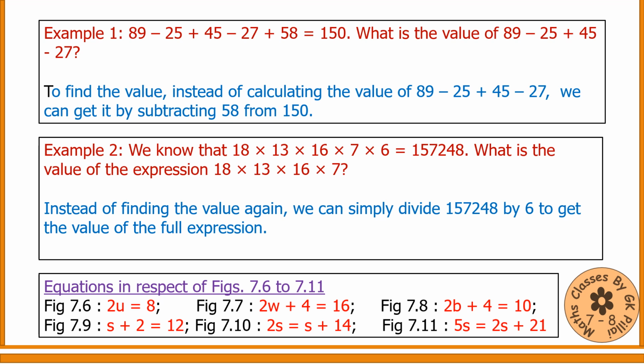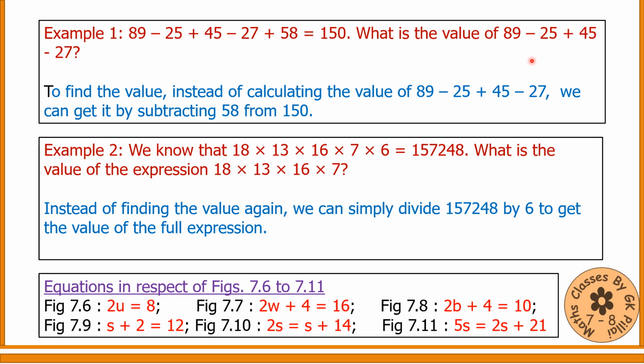In the textbook, you will find examples 1, 2, 3 and 4. These are meant to explain a particular method of solving the equations. In the textbook, you will find bigger values. Here I am using smaller values to explain the concept. 89 minus 25 plus 45 minus 27 plus 58 will give you 150.